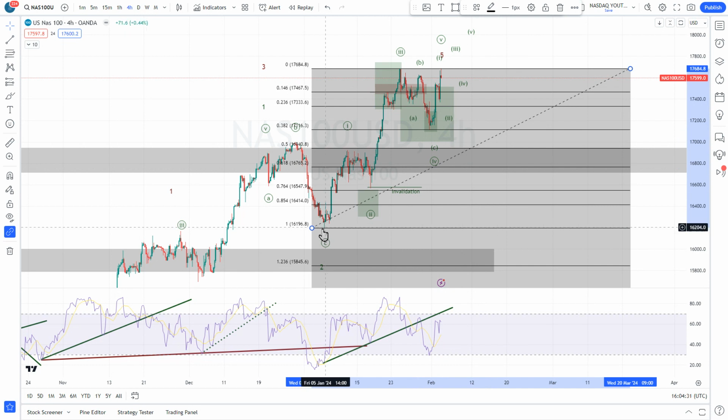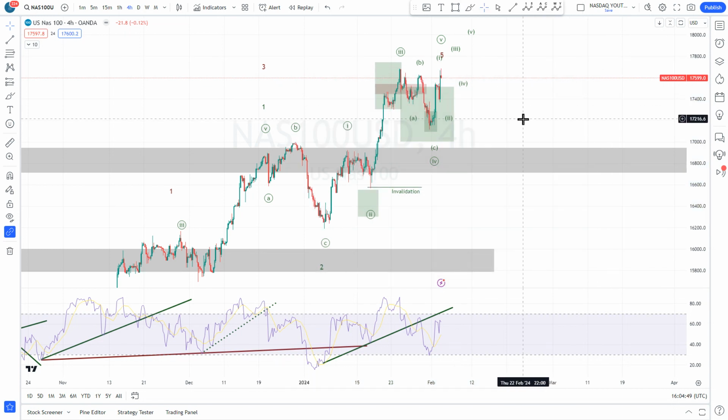If this, for some reason, we will only know this later, was a new cycle, if this was a wave 1, then we can expect a wave 2 pullback between the 0.5 and the 0.854 Fib retracement.